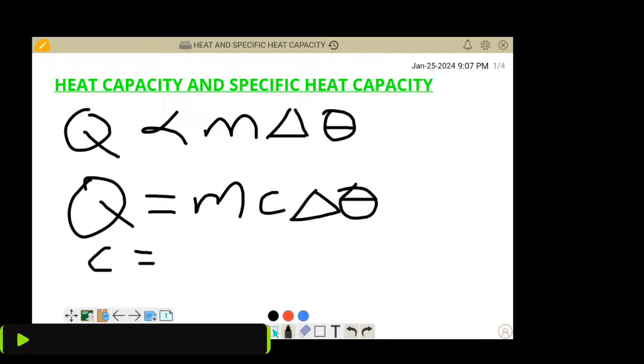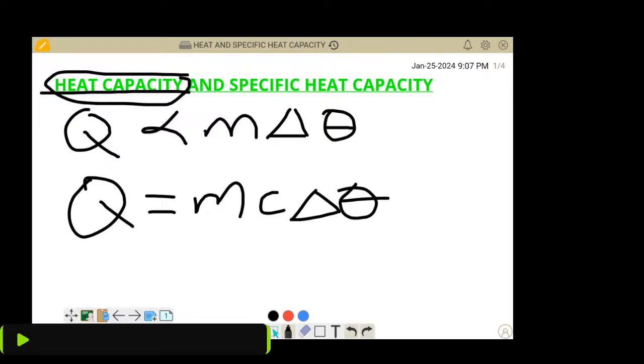Now, what is heat capacity? By definition, heat capacity is the quantity of heat that is required to raise the temperature of an object or a body by 1 Kelvin or 1 degree Celsius. Let me take that again. Heat capacity is the quantity of heat needed to raise the temperature of a body by 1 degree Celsius or 1 Kelvin.